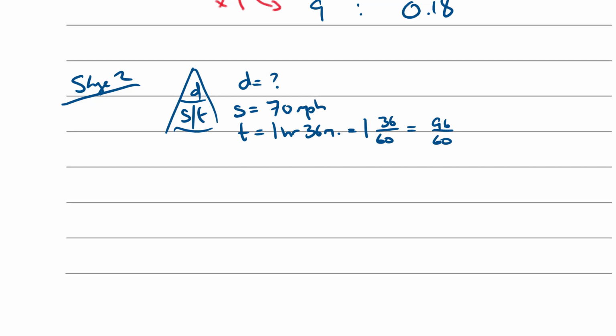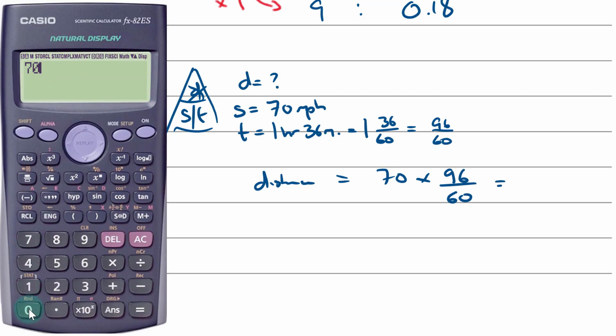So covering up D in my triangle, D is equal to speed times time. So distance travelled equals speed 70 times time, 96 over 60. So 70 times 96 divided by 60 is 112. So he's done 112 miles.